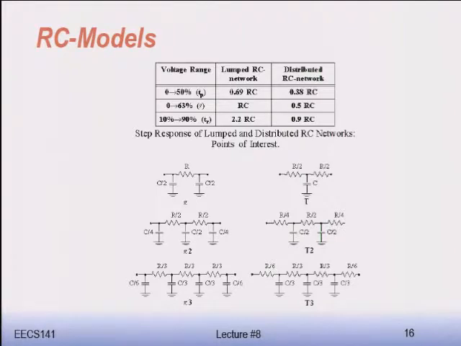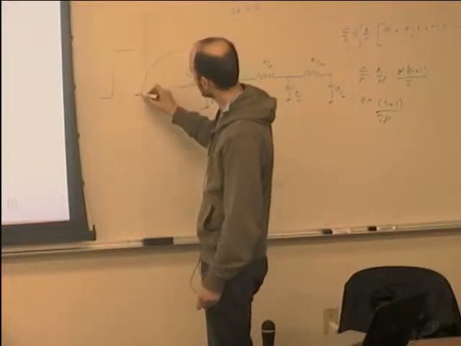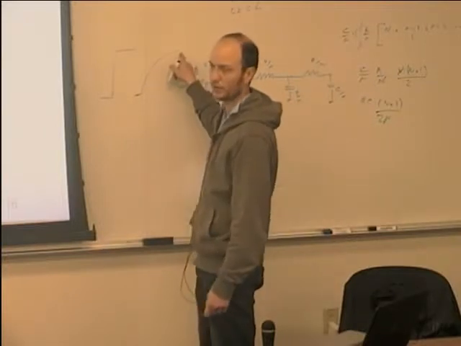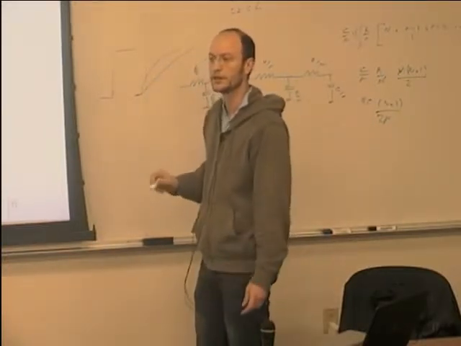This is the step that you put at this side, and then you are observing the output on the other side. For a first order network, the output will be a single exponential, RC. For a second order network, there will be 2 exponentials, because there are 2 capacitors, 2 poles. As you go to higher order networks, this shape becomes less and less like an exponential. It becomes more like a slow ramp.